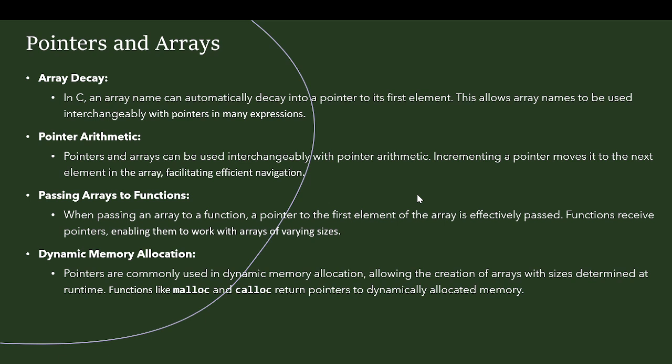Pointers are used in dynamic memory allocation, which allows us to create arrays of sizes that are determined during runtime. There are special functions in C programming to help with this dynamic memory allocation that return pointers which contain the address of dynamically created memory.